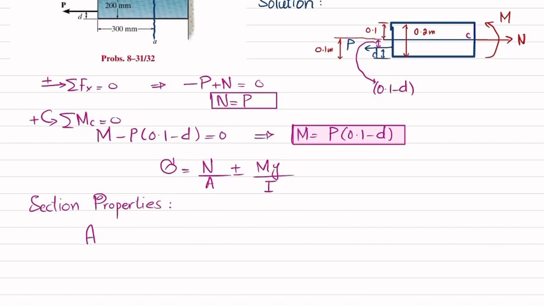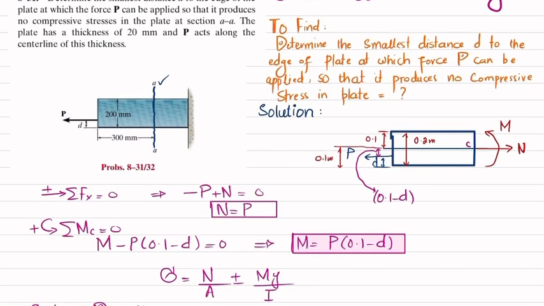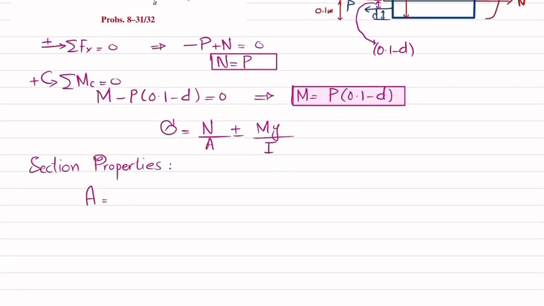Then we will move toward the bending stress or normal stress. So the area is equal to breadth times height. You can see that this height is given as 200 millimeter and the thickness is 20 millimeter. Clear?